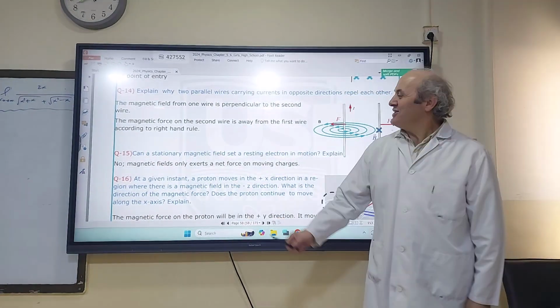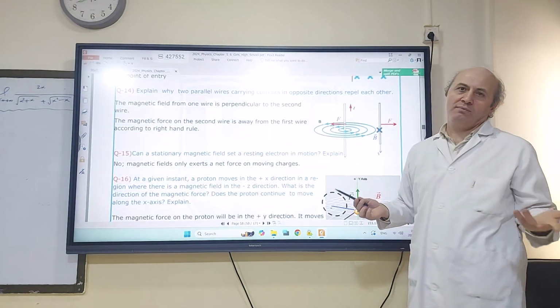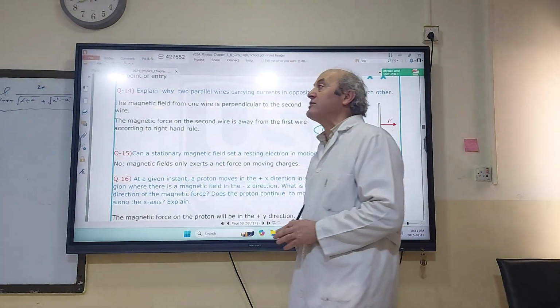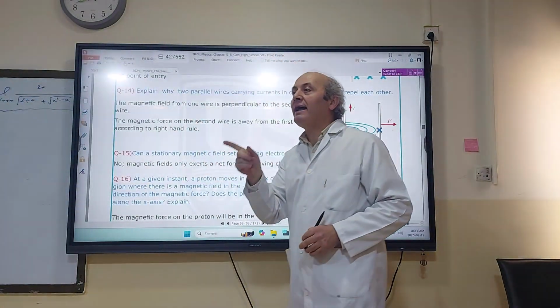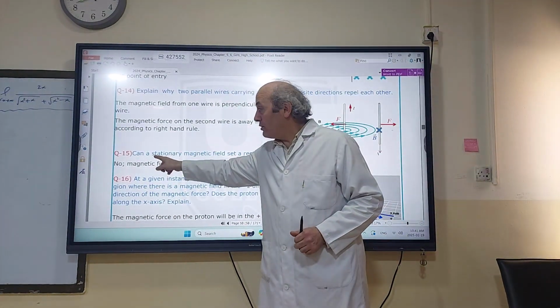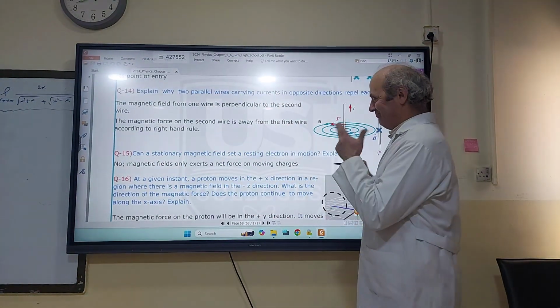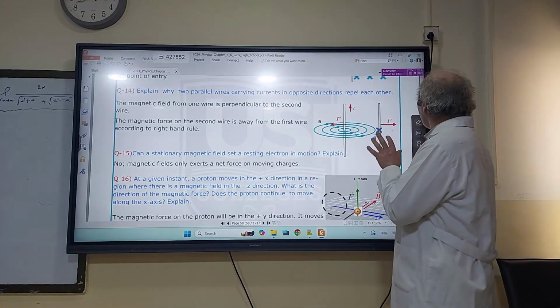Next question: can a stationary magnetic field set a resting electron into motion? We talked about this. A resting charge, that is, a stationary charge, can be set into motion only by electric fields. Stationary magnetic field. What if they say it's not stationary? Yes, it is possible.